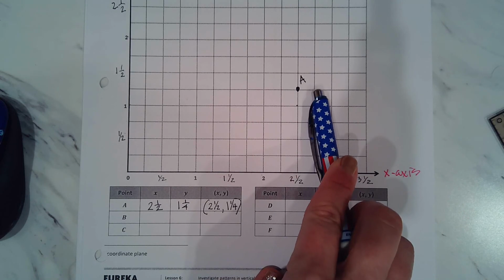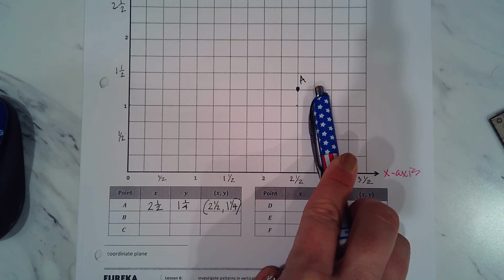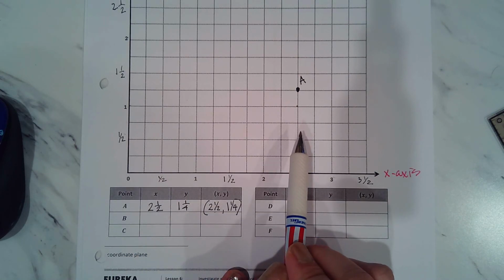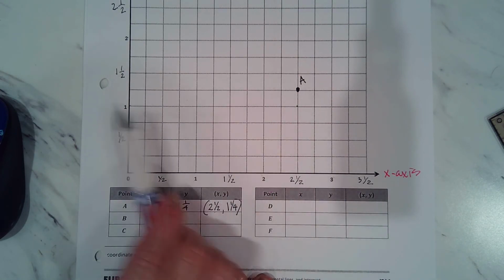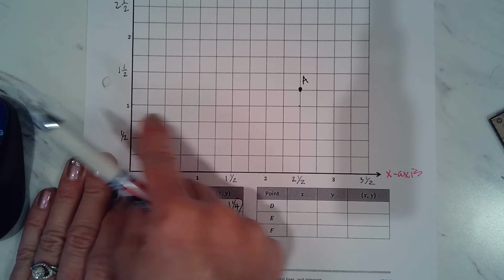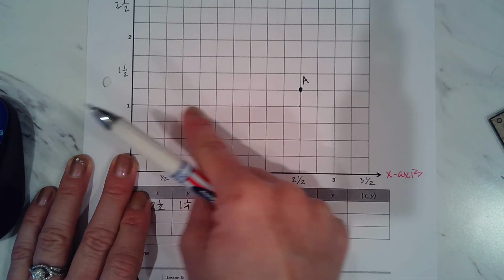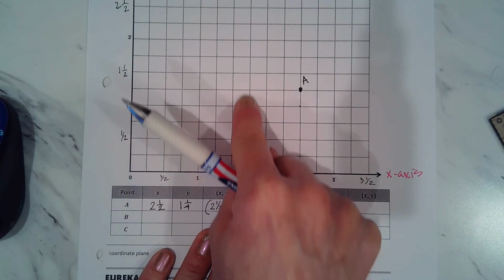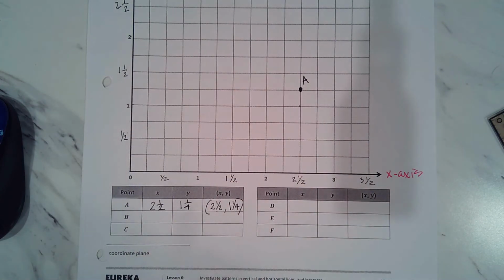It's 2.5 units. So moving from the y-axis is 2.5 units. Moving away from the x-axis, it is 1 1/4.